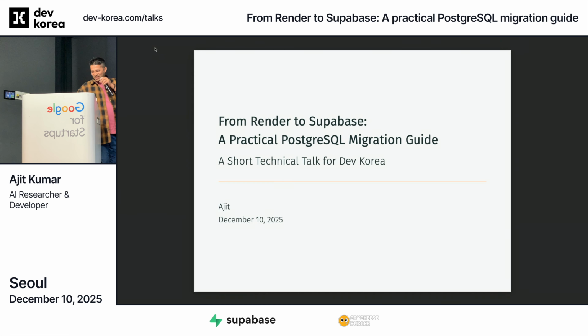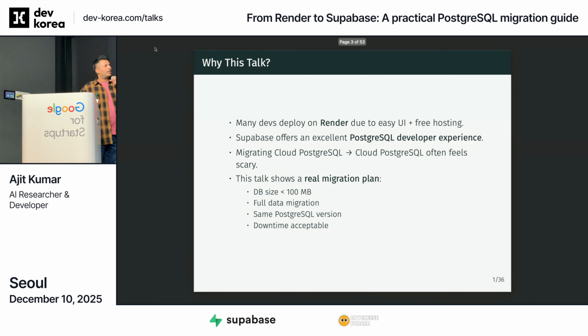So why this talk? It seems like a very simple task, migrating a database from one service provider to another. But given the free version, you will have some of the problems that I had. Being from a researcher background, it will be a little bit technical: how you do it, what options will come, and all those LLMs out there.